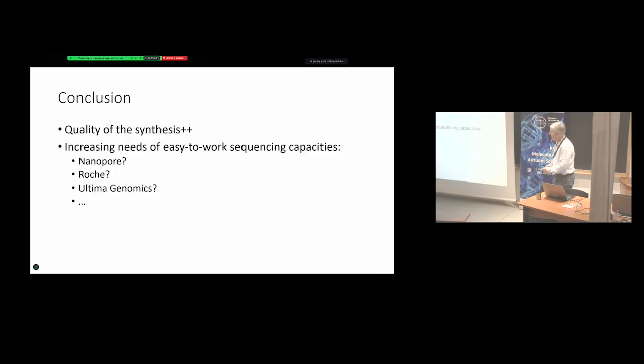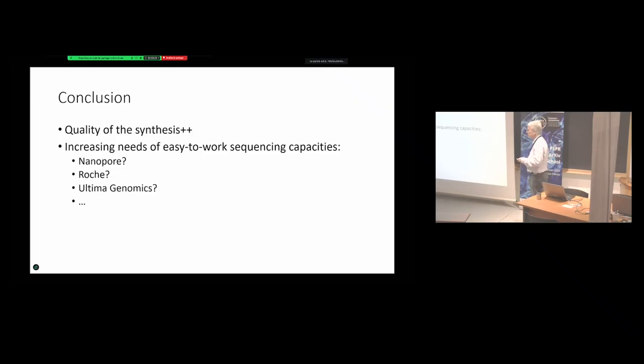So, at the end of this presentation, the quality of the synthesis is really crucial. It's not in our hands, but definitely what is needed is also the development of easy-to-work sequencing capacities. It's interesting to have nanopore, because it is, as we said, an easy-to-run solution.